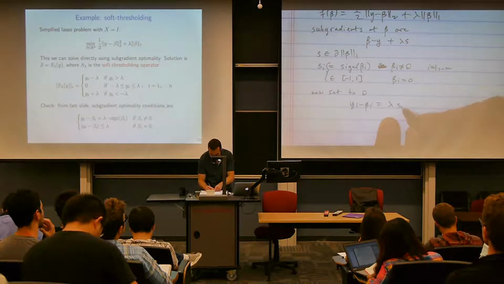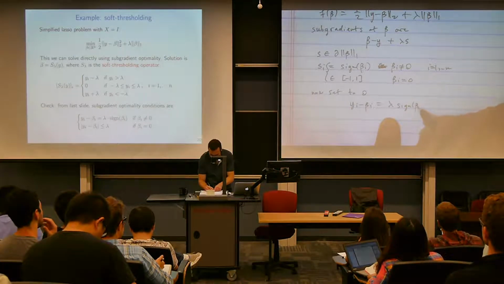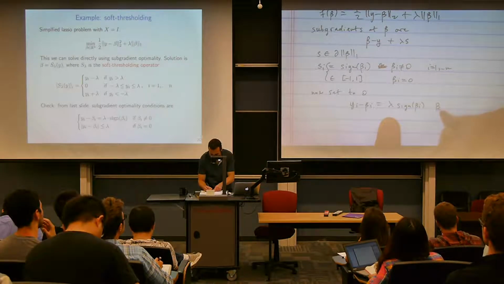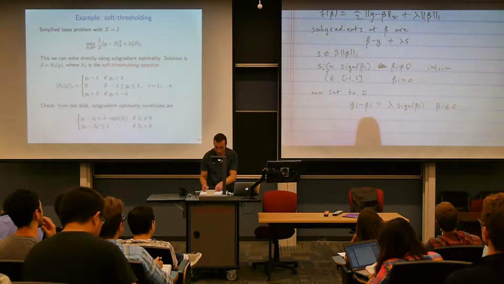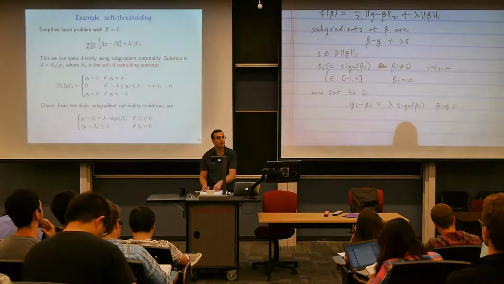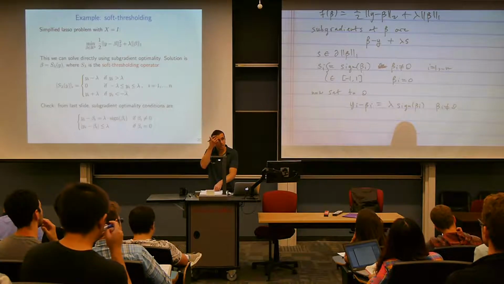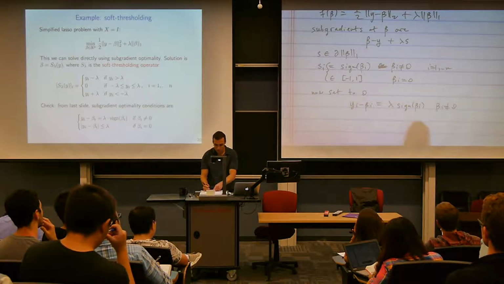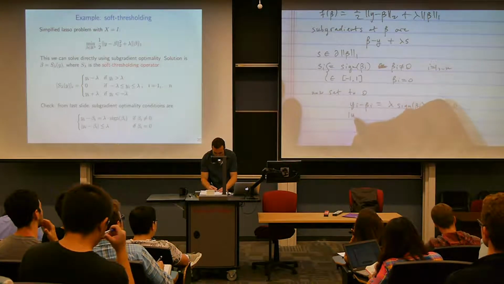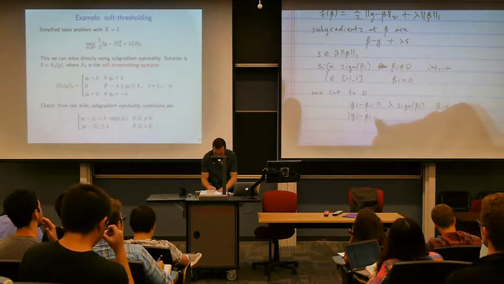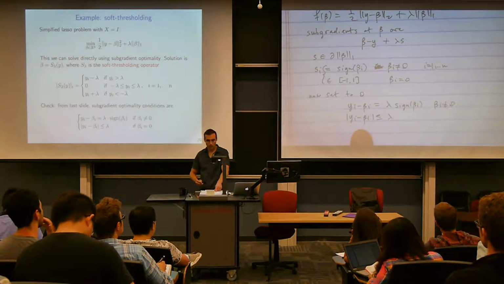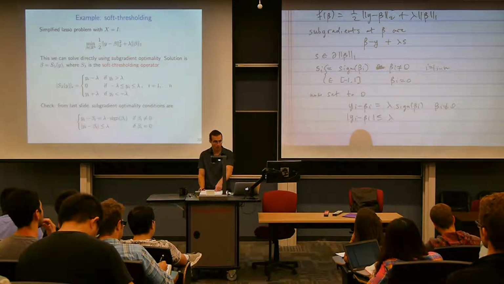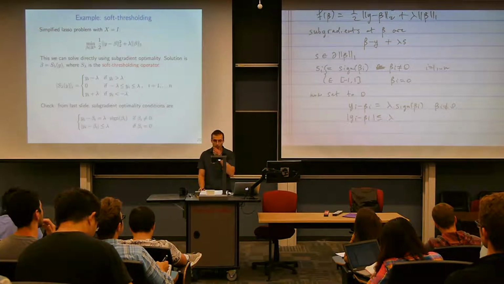That's equal to lambda times the sign of beta I if beta I is not equal to 0. Otherwise, we have yi minus beta I is equal to lambda times something in between minus 1 and 1, because that's what si would be. I'm just going to abbreviate that by saying that this is true. Equivalently, I can write that as the absolute value of y minus beta I is less than or equal to lambda.